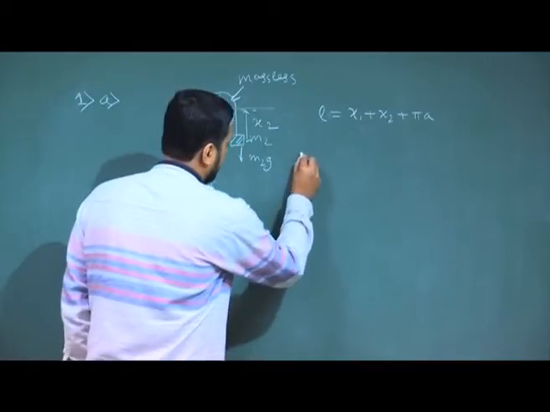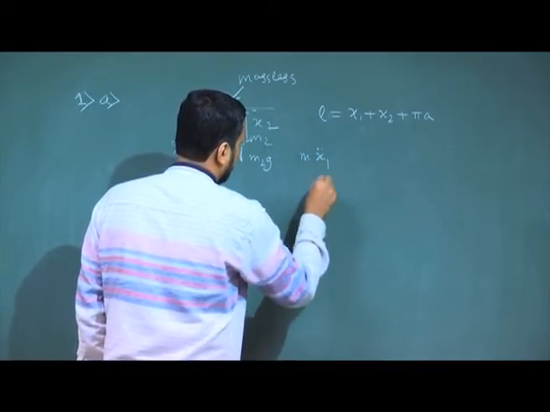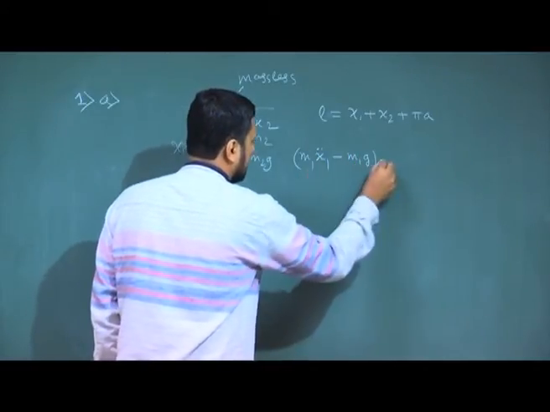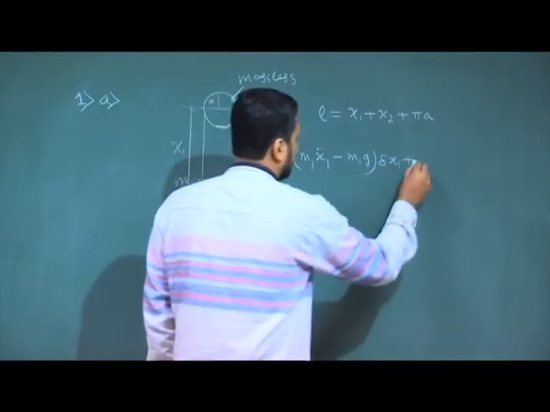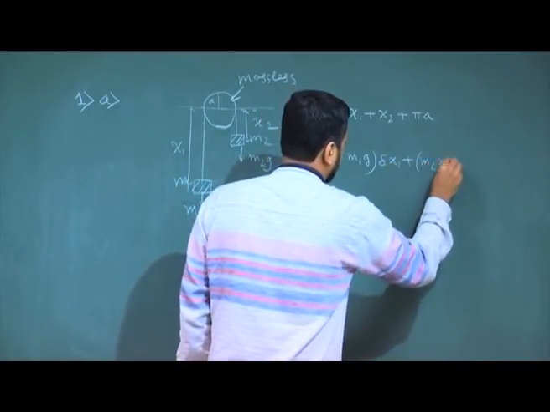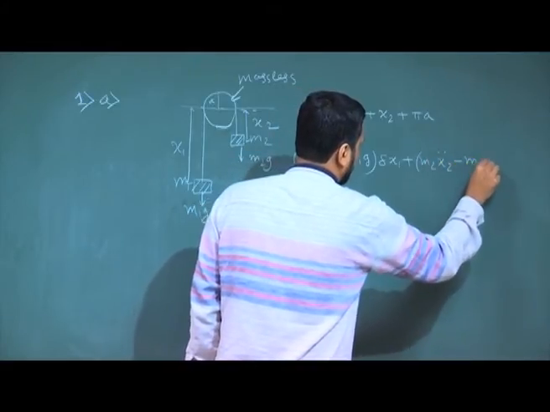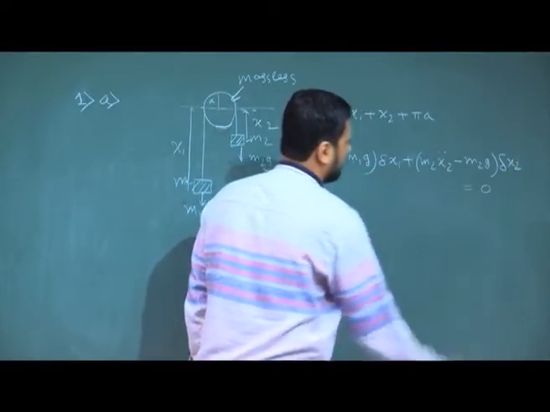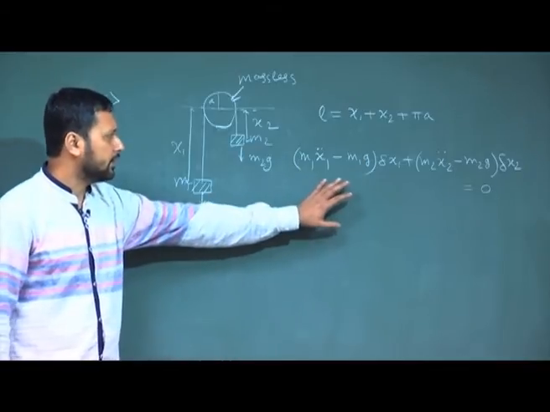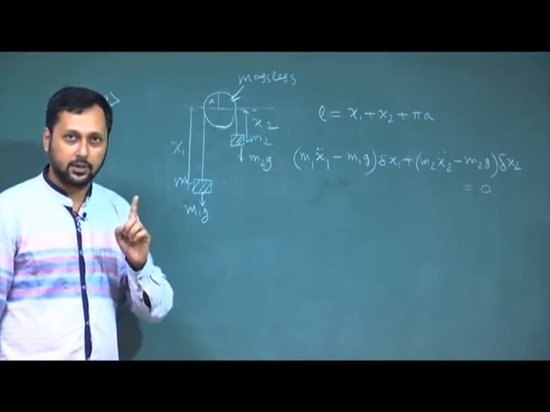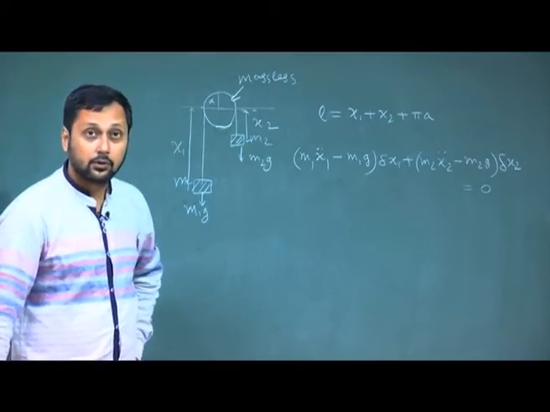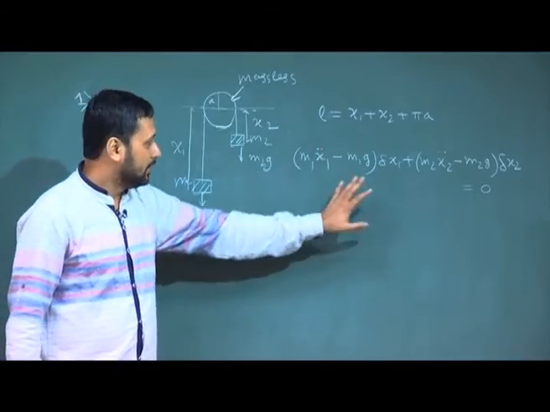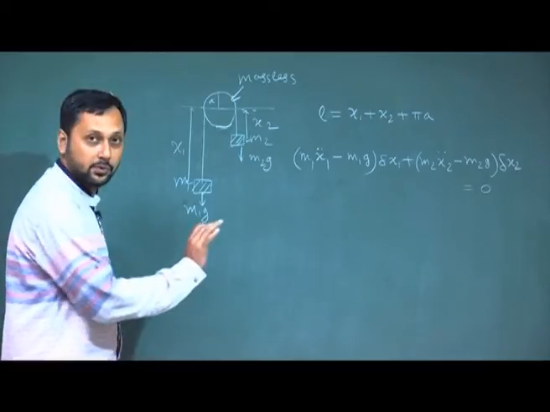So, if we write, it will be m1 x1 double dot minus m1g delta x1 plus m2 x2 double dot minus m2g delta x2, which will be equal to 0. So, this is precisely our D'Alembert's principle, a single equation. And as I said already, this single equation is useless unless we use the constraint equation. So, basically we cannot do much from here.